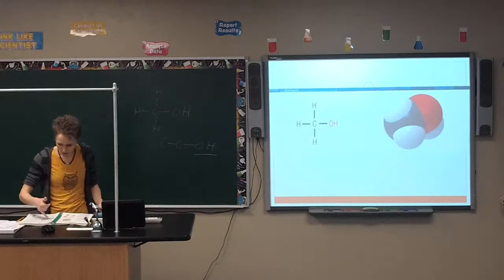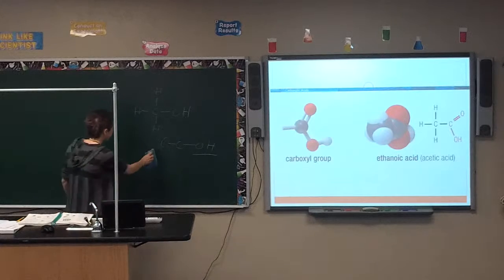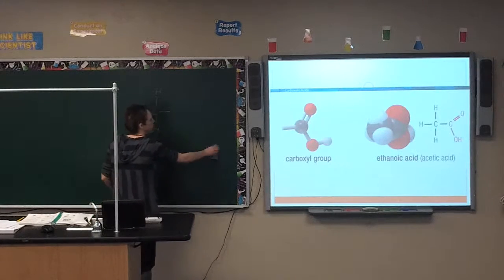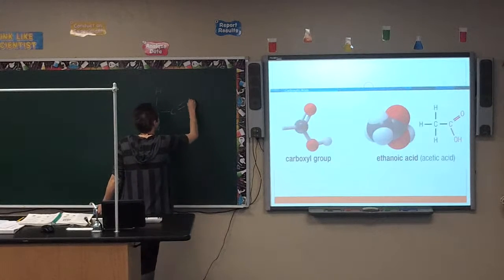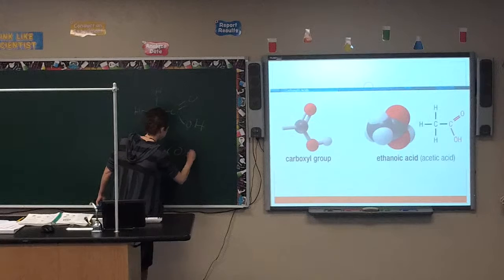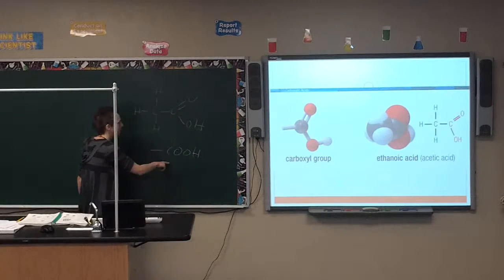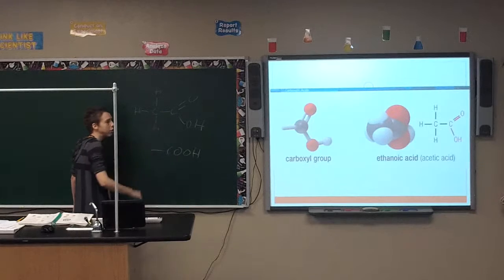Alright, the next major one is the carboxylic acids. The carboxylic acids, instead of having the OH there, they have a C, and then O, and then OH. Sometimes your book draws it as COOH like this, telling you that this group is added onto your hydrocarbon.